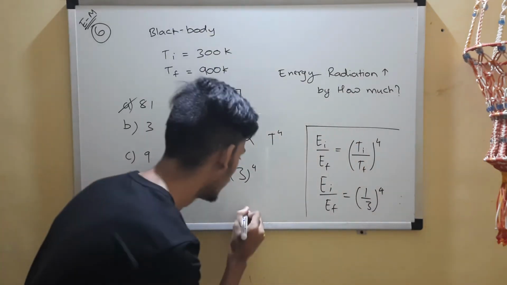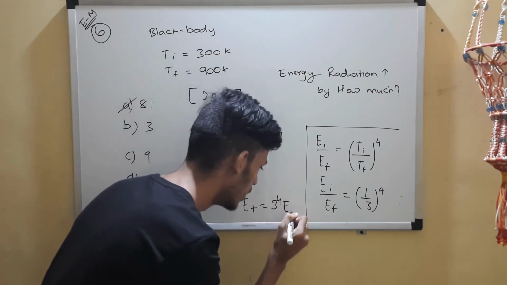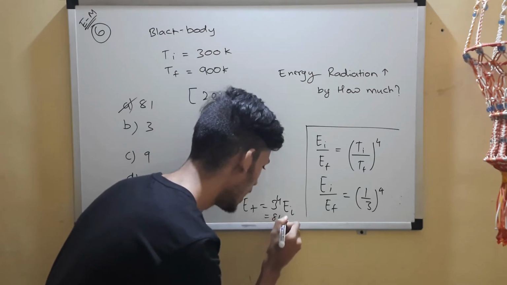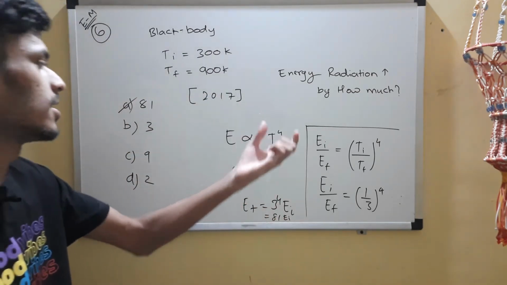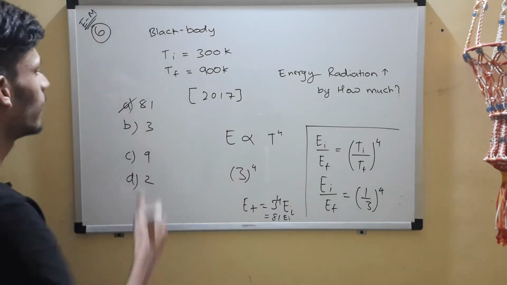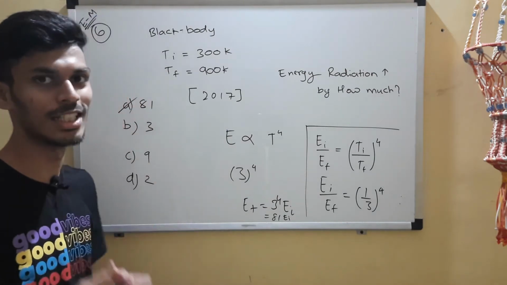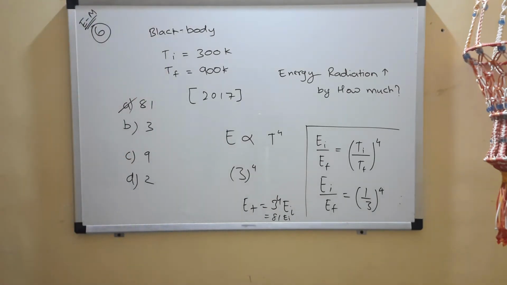So you can see that the final energy, as I said, is 3 to the power 4 of the initial energy. Final energy is 81 times the initial energy. It has increased 81 times. So 81 is the correct choice. Again, a direct application of Stefan's law. Over to the next question.